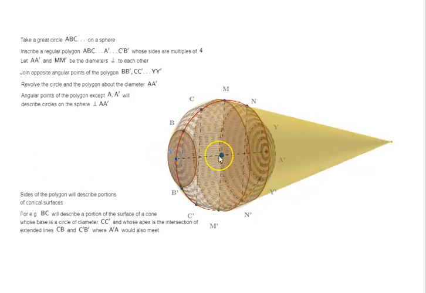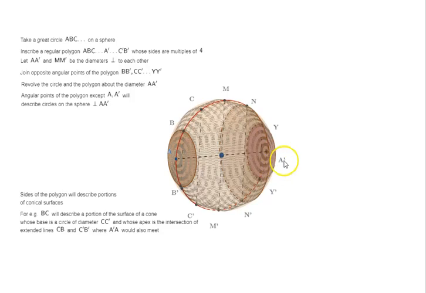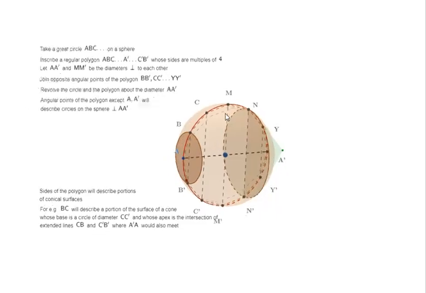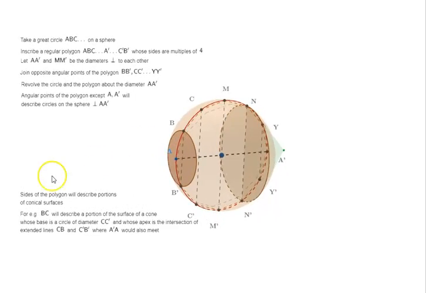Actually, from M', we can have a cone on either side. Similarly, we will have a cone here, and we will have a cone here. Let me make this disappear and now show you the cones again.